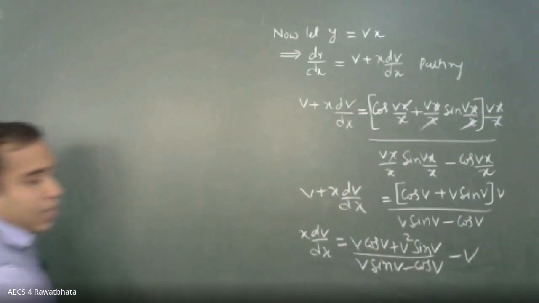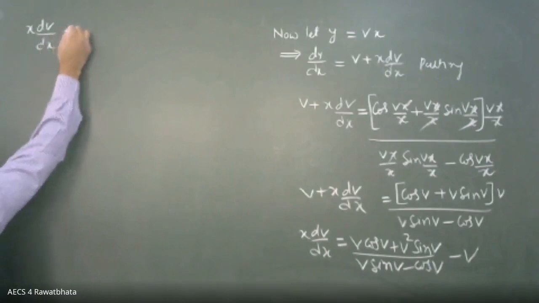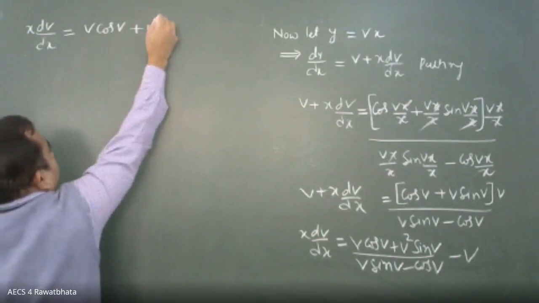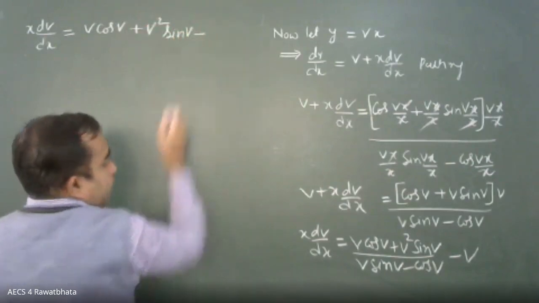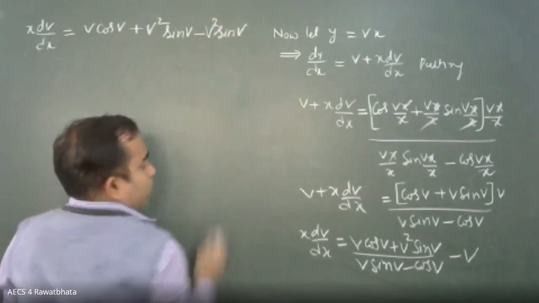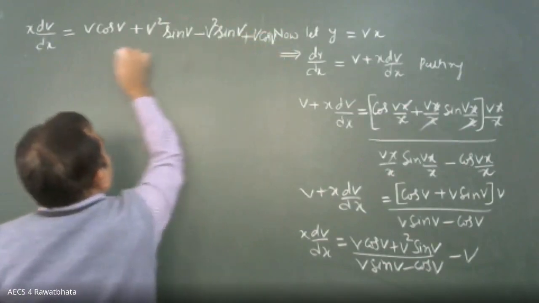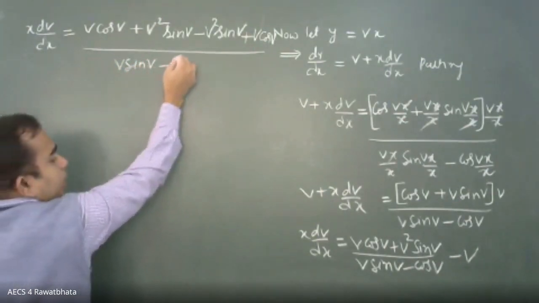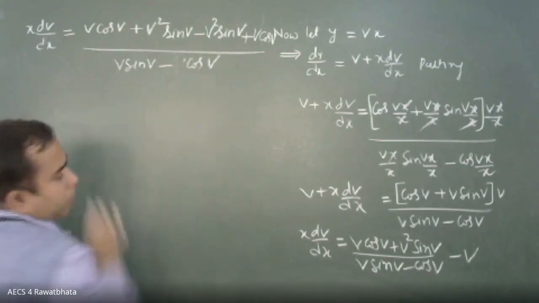Now taking LCM, so it will become x dv upon dx equal to v cos v plus v square sin v minus v square sin v plus v cos v whole upon v sin v minus cos v, right?